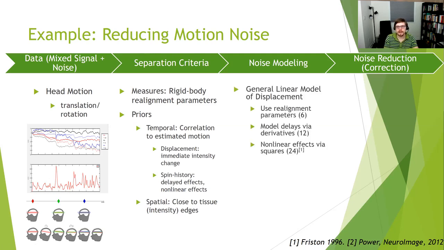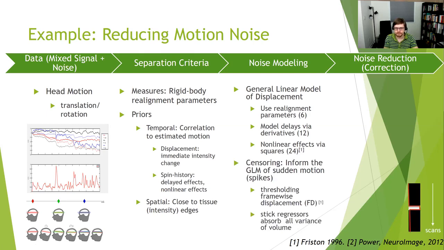Noise modeling in this case can be linear. So we can just use the realignment parameters in a general linear model, or we can model the delays via the derivatives of these realignment parameters and some nonlinearity via squaring these parameters. Second way to model, still a linear way, is censoring. So we can inform our GLM of sudden motion spikes, for example, by thresholding the frame-wise displacement, which is depicted here.